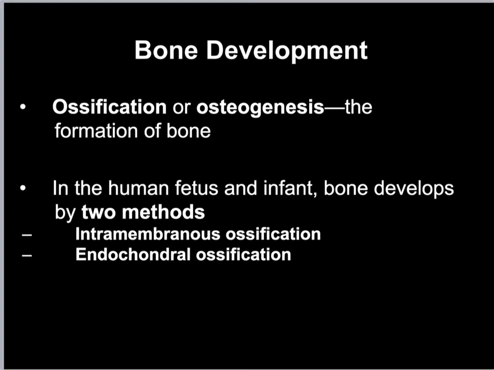When we're talking about how bones are made, like how they first come to be in a developing fetus, there are two methods that are used: intramembranous ossification and endochondral ossification. And I'm going to go through each of these methods individually.